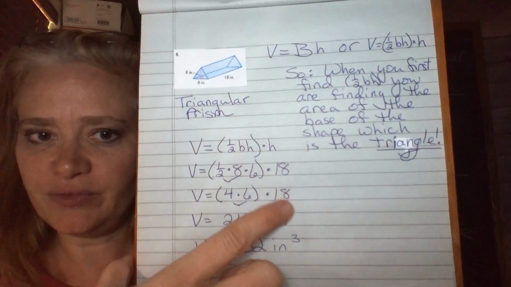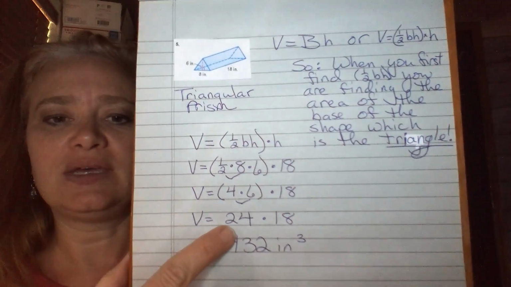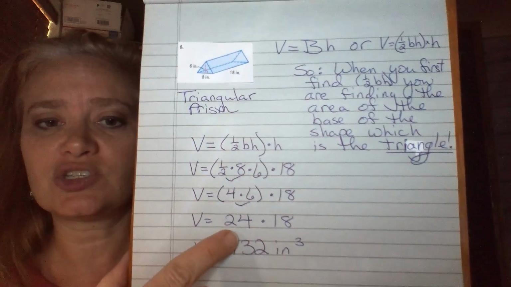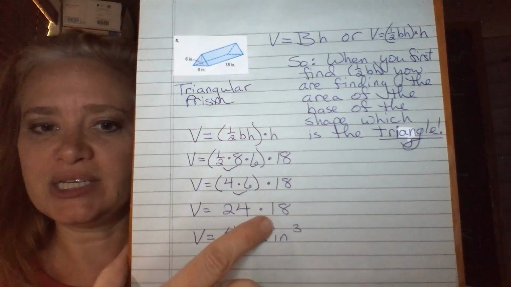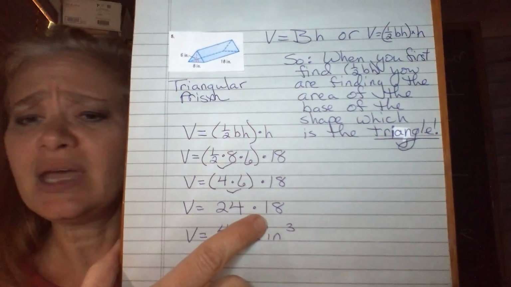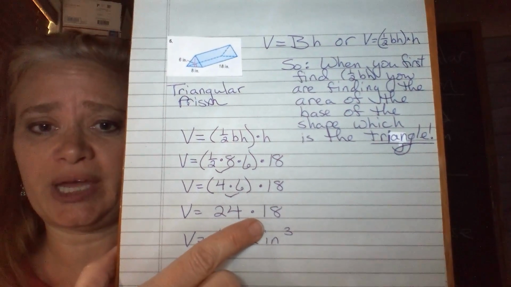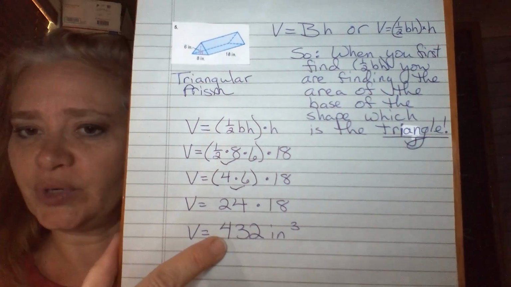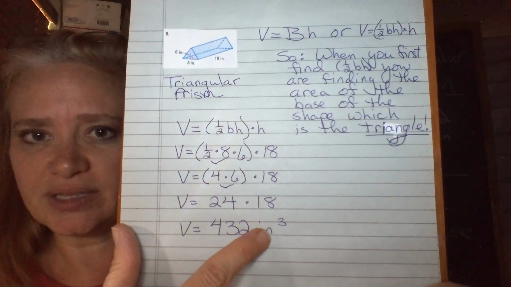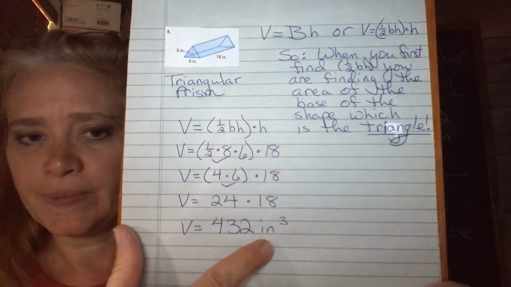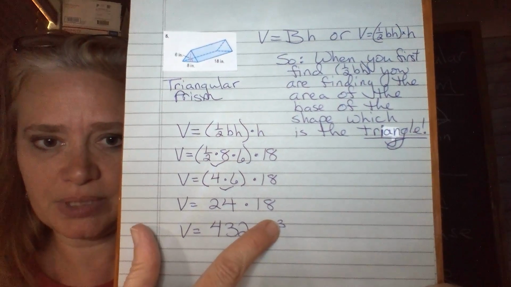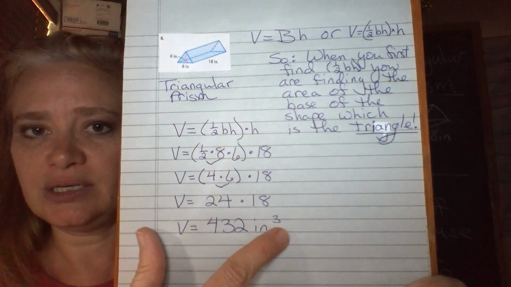Bring down the rest of my formula. Then next step, 4 times 6 is 24. Bring down my times 18. And when we do our glorious, beautiful math, 24 times 18 should give you 432. And in this case, these are inches. And remember, we talked about this being a three-dimensional shape, so it has to be cubed.